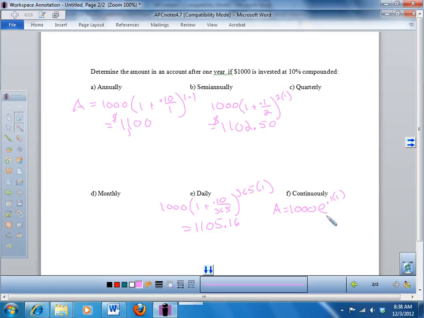I told you that E was the limit, as n goes to infinity, of 1 plus 1 over n raised to the n. As this number gets infinitely big, you don't approach infinity, you approach this number E.